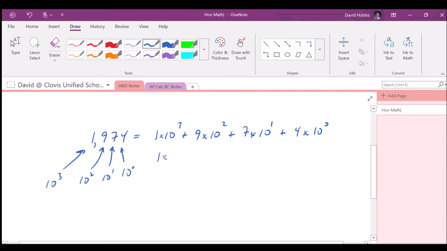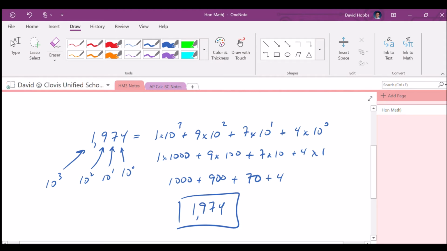Well, 1 times 1,000 plus 9 times 100 plus 7 times 10 plus 4 times 1. So 1,000 plus 900 plus 70 plus 4, which is 1,974. Okay, and that's why it is that number.